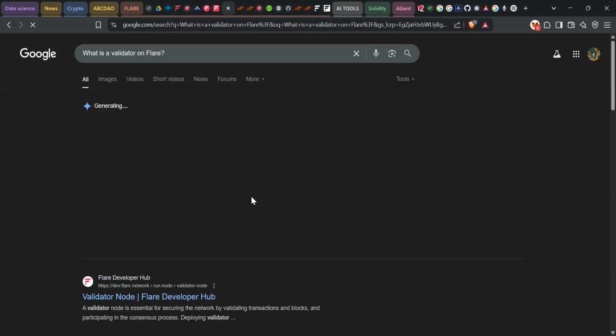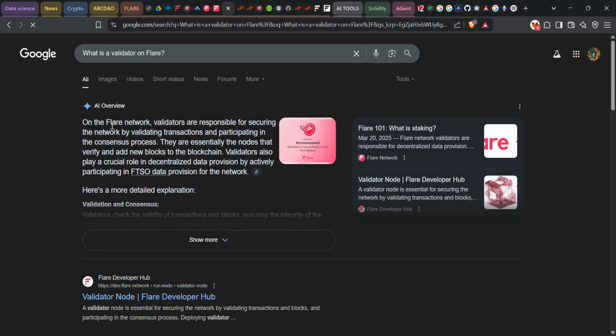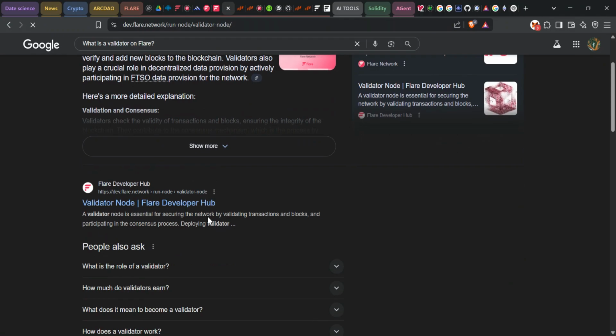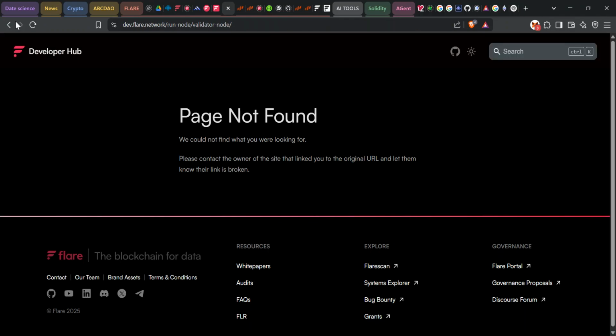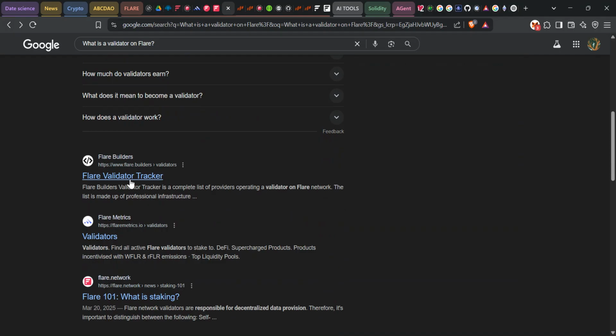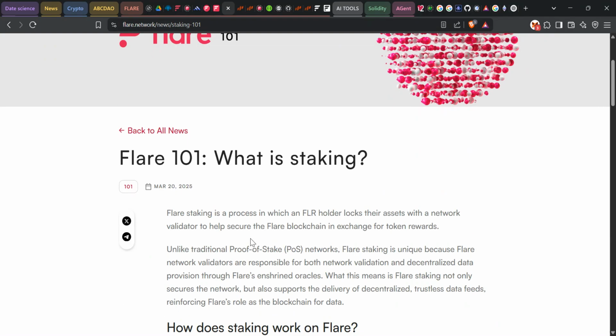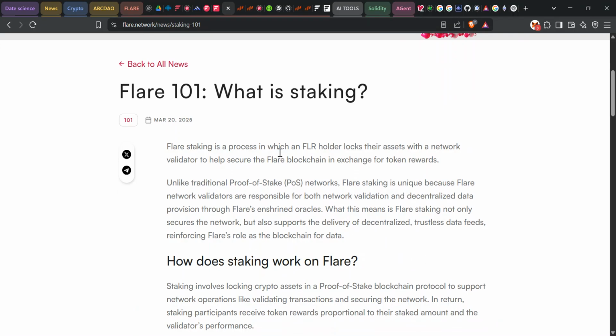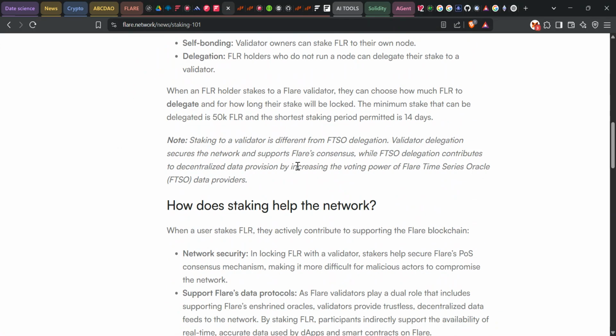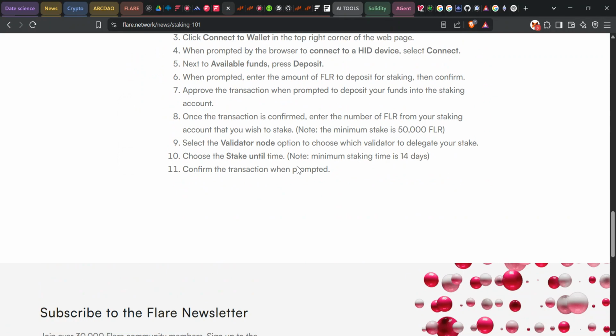Oh, they have changed this website. Let's go to a new one. So, 101, what is staking? Which is also going to talk about what validators are.